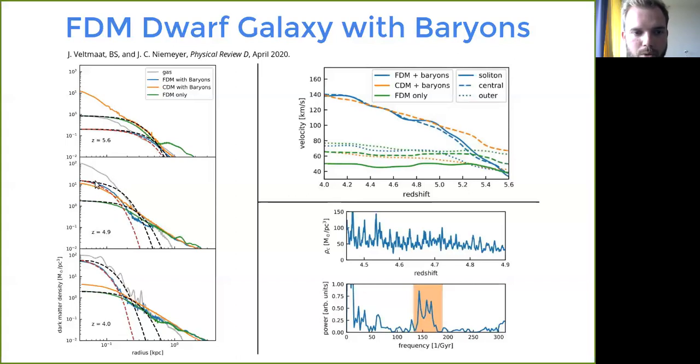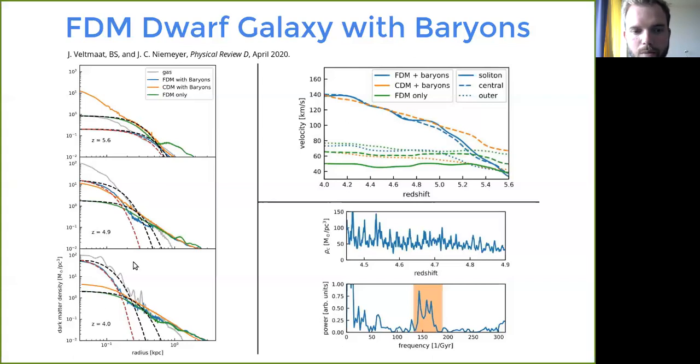And as you can see here, while the black curve doesn't match very well the numerical results, the red curve is actually very much aligned with our fuzzy dark matter plus baryon case in blue. So that's reassuring. So we, again, even with baryons, found a new ground state, which now is this modified solitonic core state.